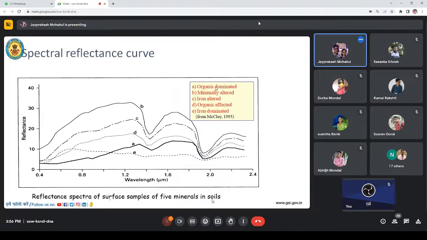A is organic dominated, right? Then B is minimally altered. Minimally altered means you don't have much clay mineral development. C is again iron; you have a lot of iron alteration. D is... so these are different spectral curves for different kinds of material.